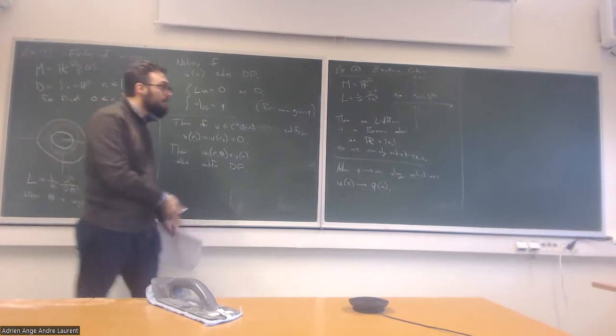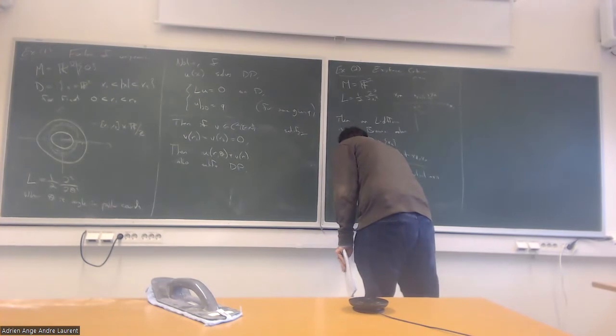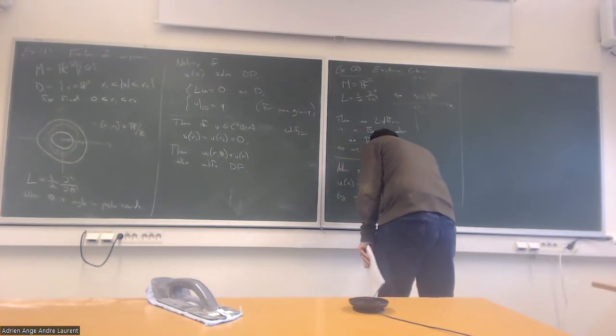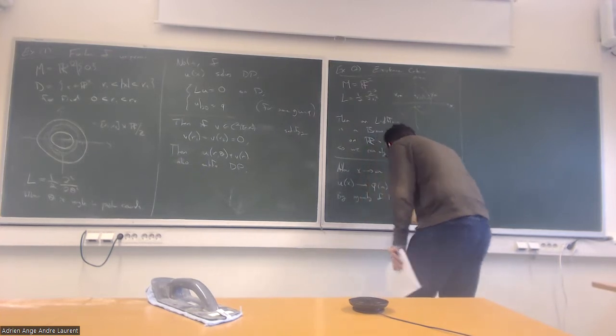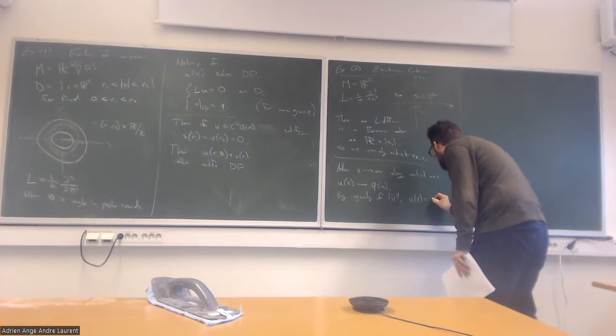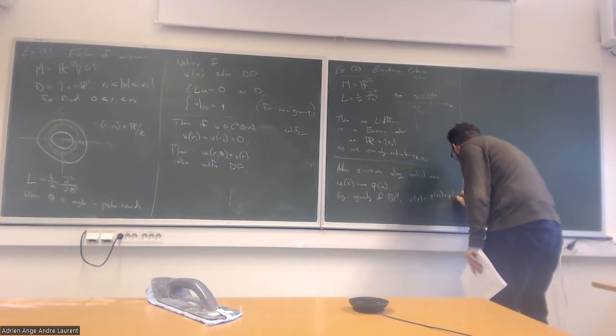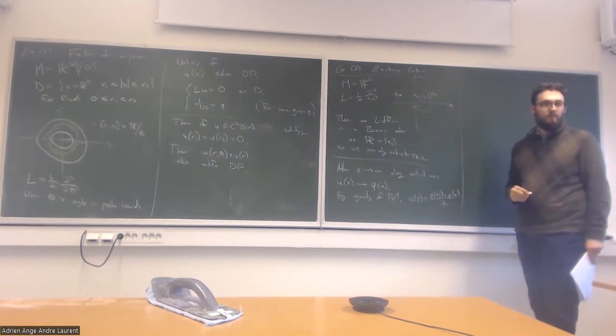But also, by the symmetry of the Brownian motion, U of X in general has to equal the average, so phi of XL plus phi of XR over 2. Yes?